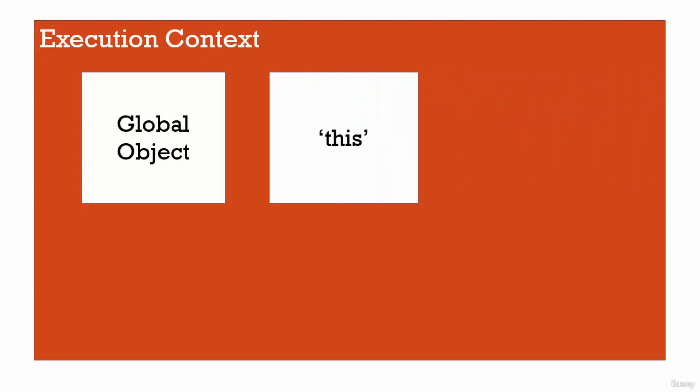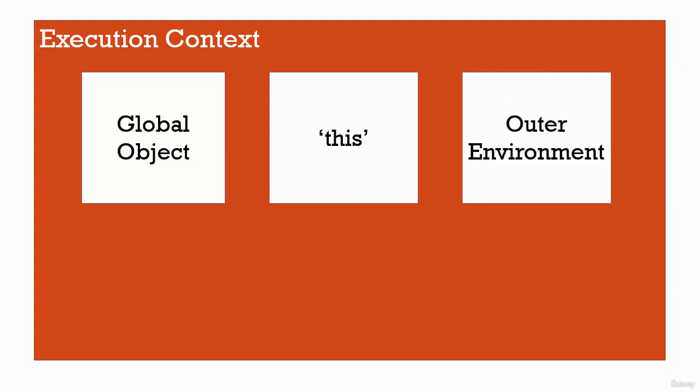You get a special variable called this. And in the case of the browser, this at that global level is equal to the window object. There's also something we haven't talked about yet, and we will shortly: a link to the outer environment.